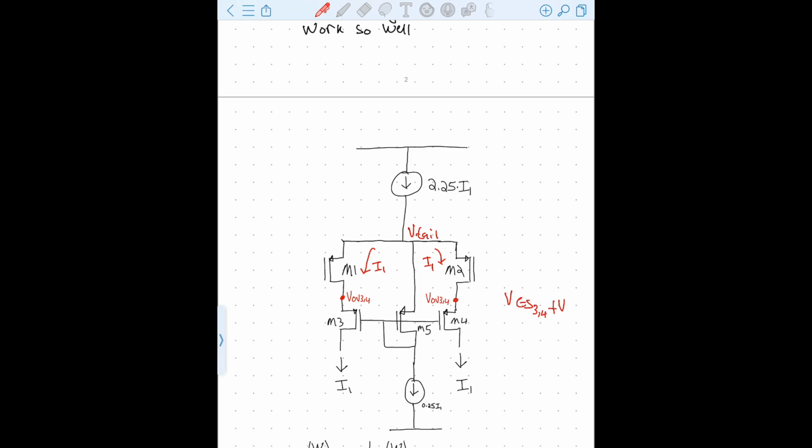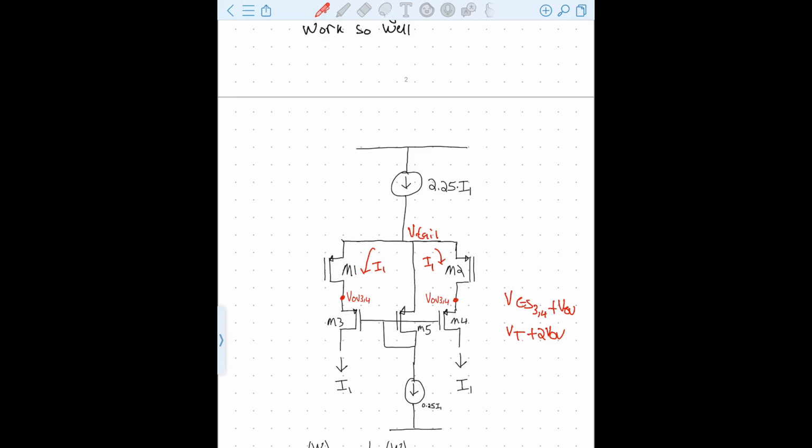So if you break that up, what that means is we need a VT plus 2 VOV. And the reason for that is if we have 2 overdrives relative to the one on M3 and M4, that means we're an extra overdrive lower. So when we go back up, it provides that overdrive of room on M1 and M2 of the diff pair, ensuring that they stay in saturation.